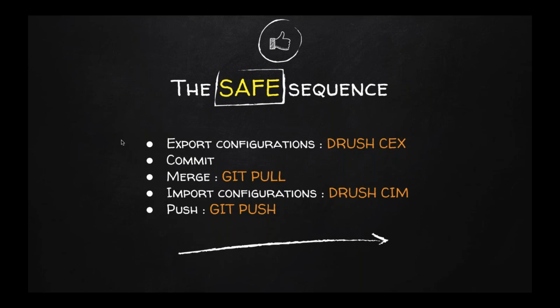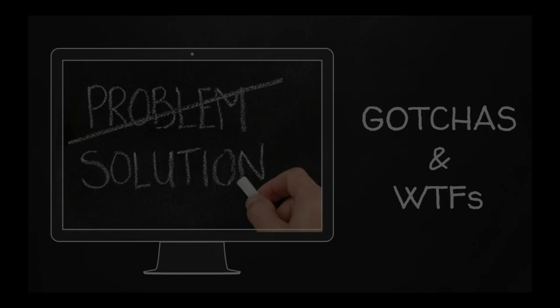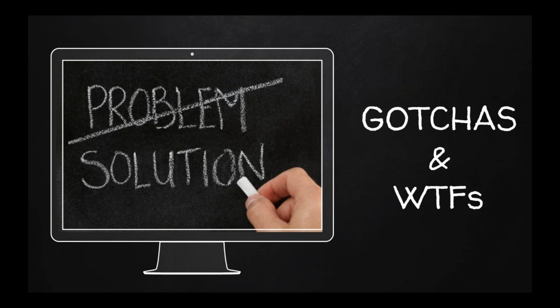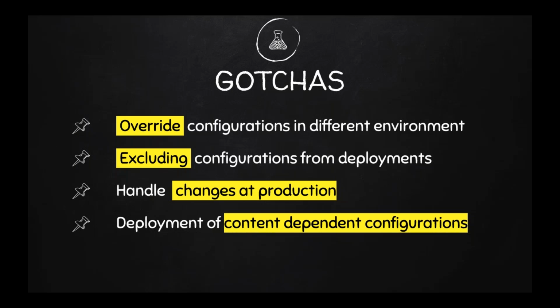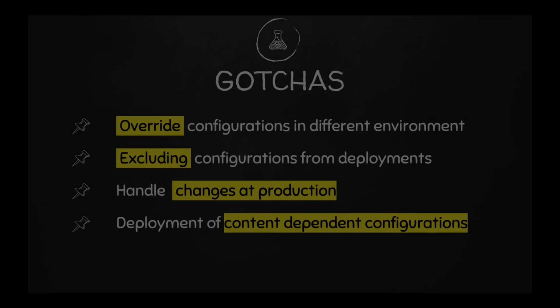Now let's see some real-life problems which you face, which are generic requirements, like I need to have this thing on my local. The first is overriding configuration in different environments. Let's say you have three environments: development, stage, and production. Configuration is in sync for these three environments.